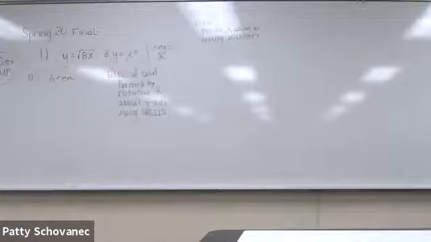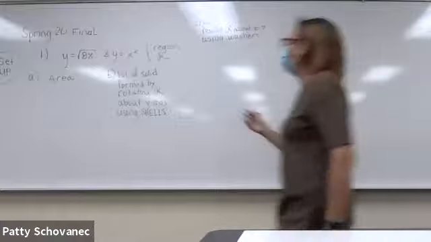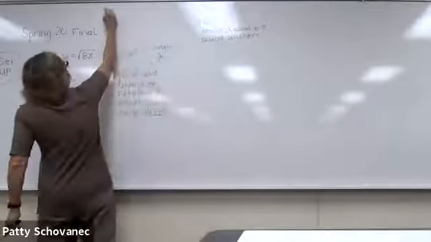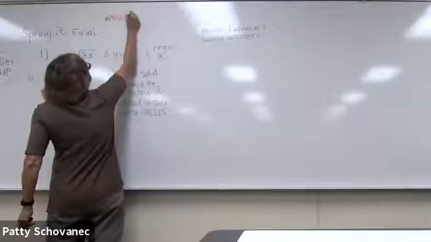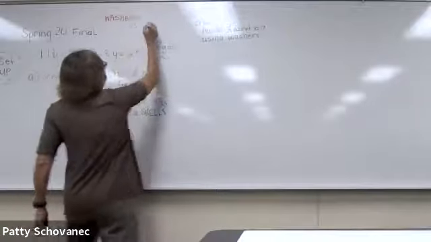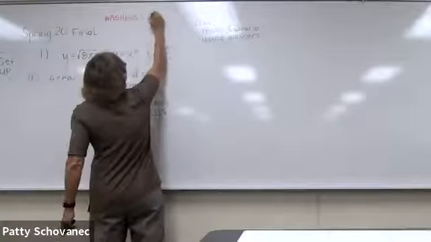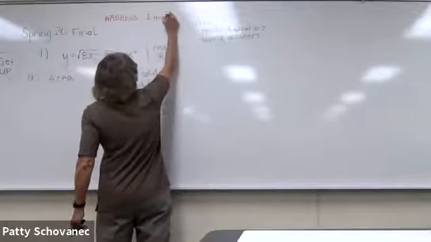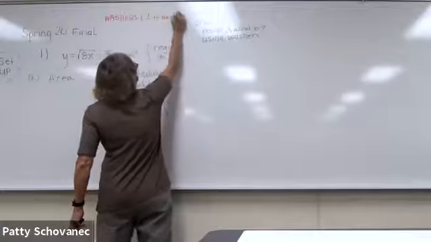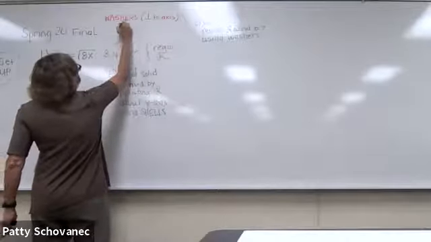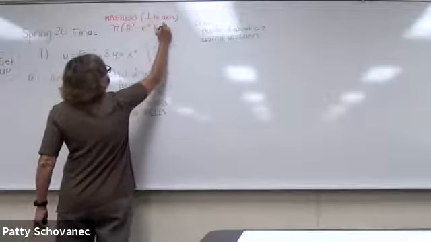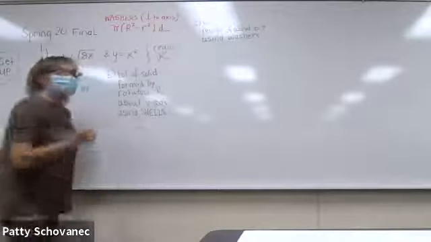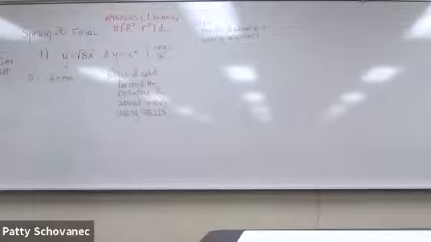And as a reminder, our plan for using washers is that we make our partitions perpendicular to the axis of revolution. And then it's pi times the outer radius squared minus the inner radius squared times the d whatever. The d whatever is the thickness of the rectangle that we draw.